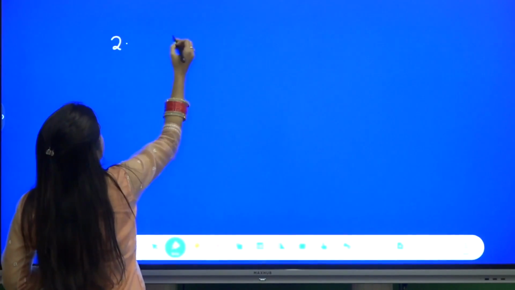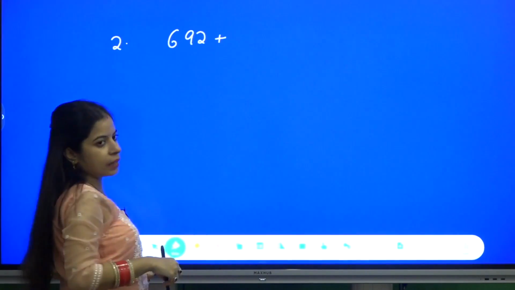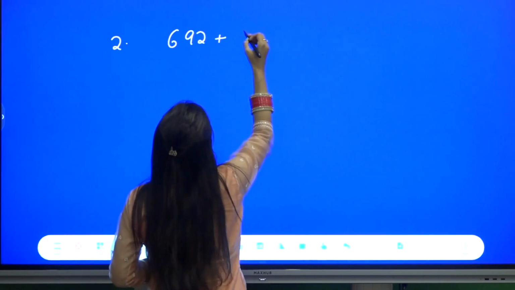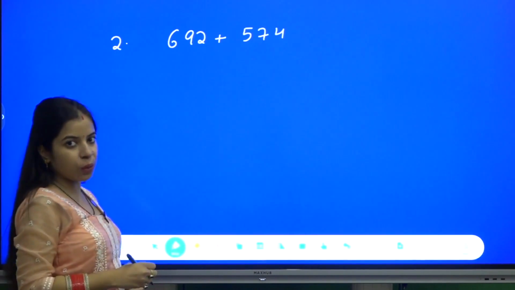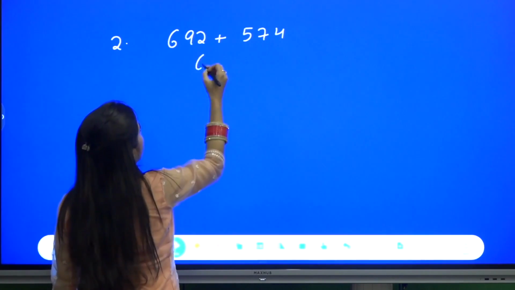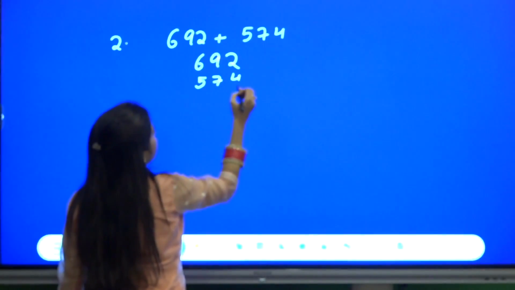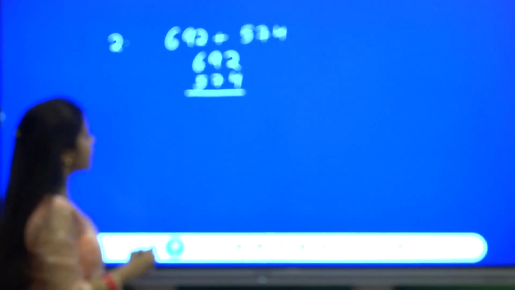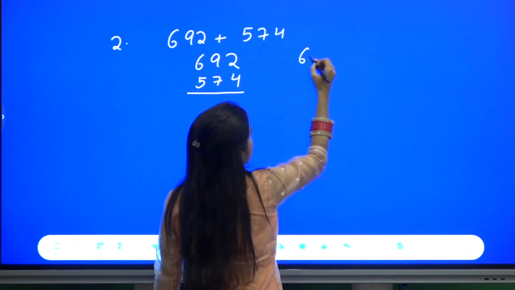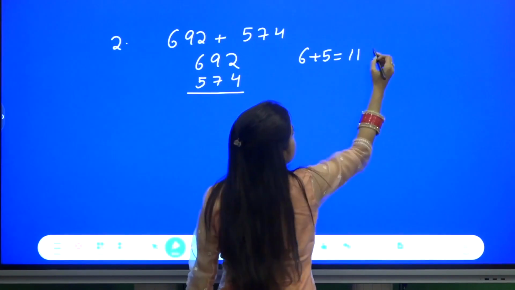Let us take another example. Say 692 we have to add to 574. So, we are going to write the numbers in row form, 692, 574, and we are going to start from left. 6 plus 5 is 11 and this will become 110.